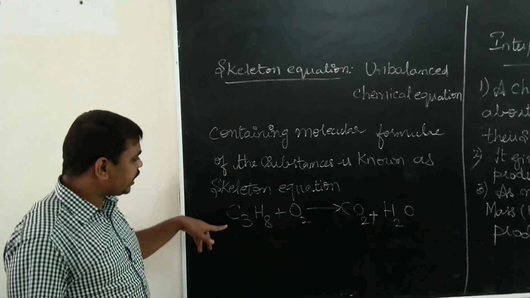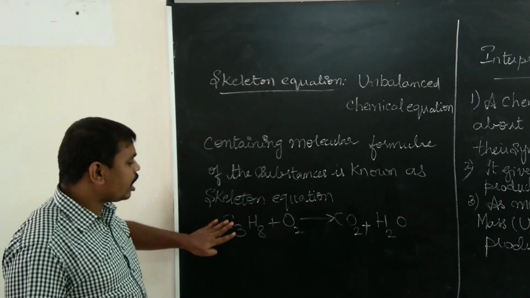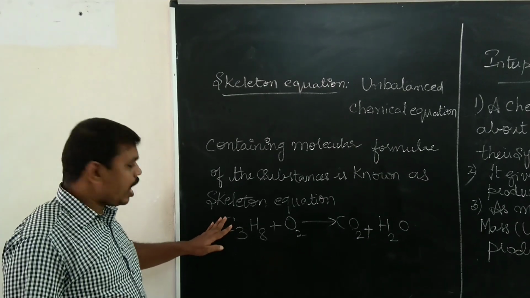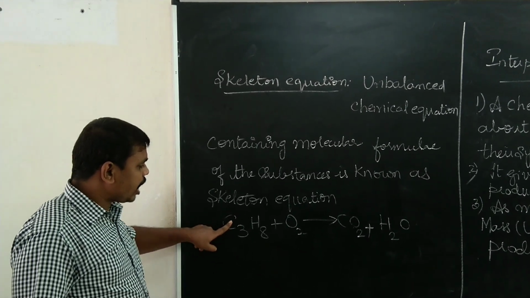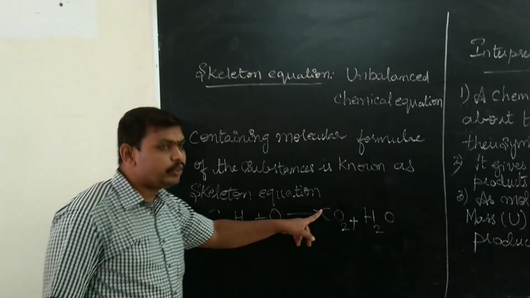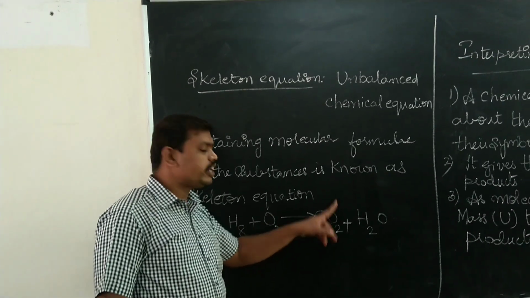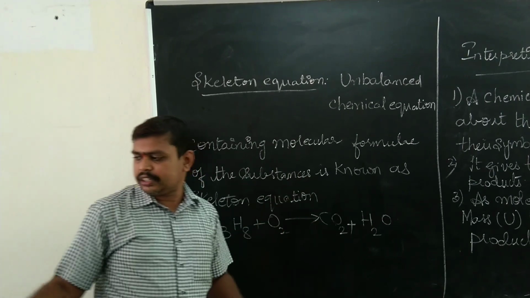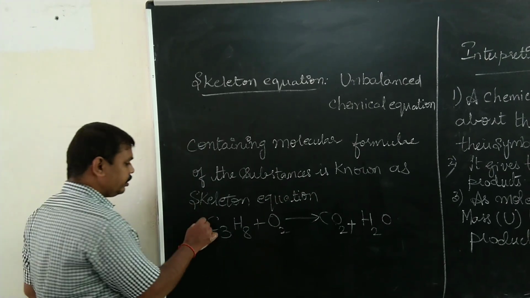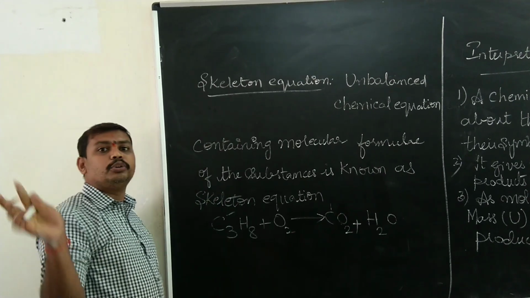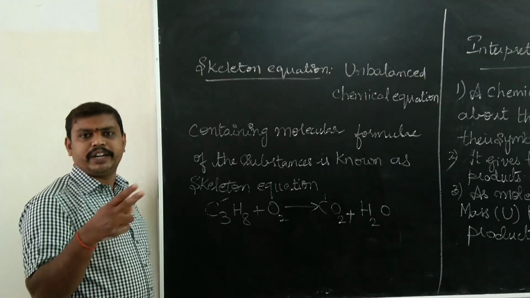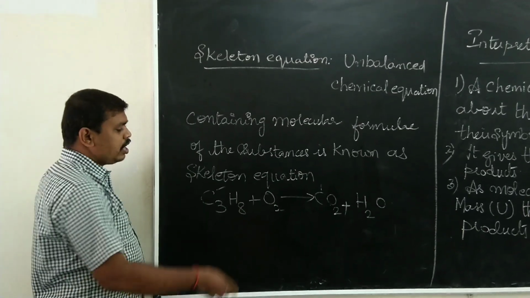When we check here, there are 3 carbon atoms on the left, but when you check the right hand side, there is only 1 carbon. We need 2 more to get it balanced, but it is not balanced.